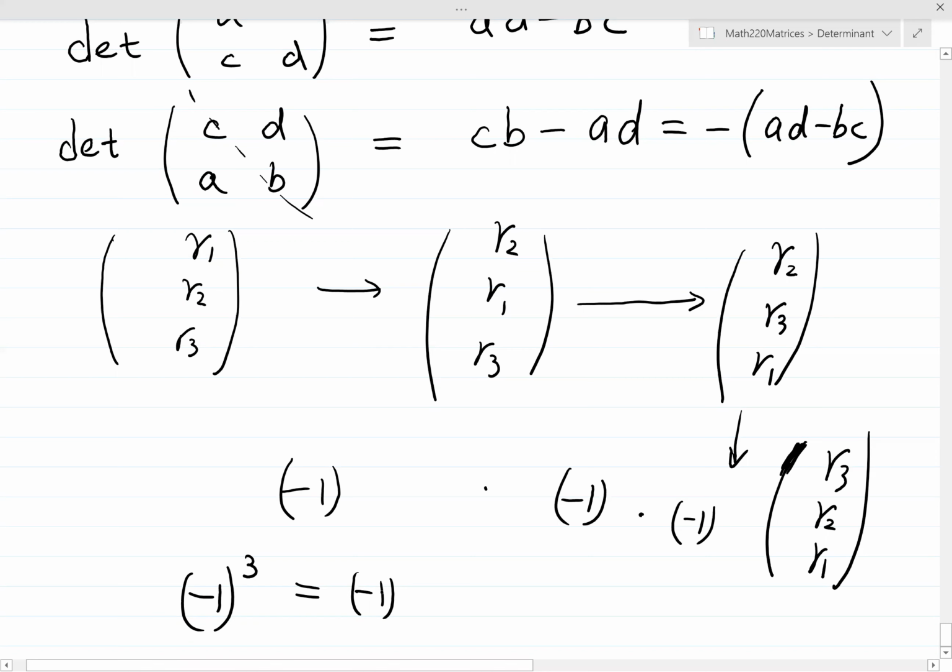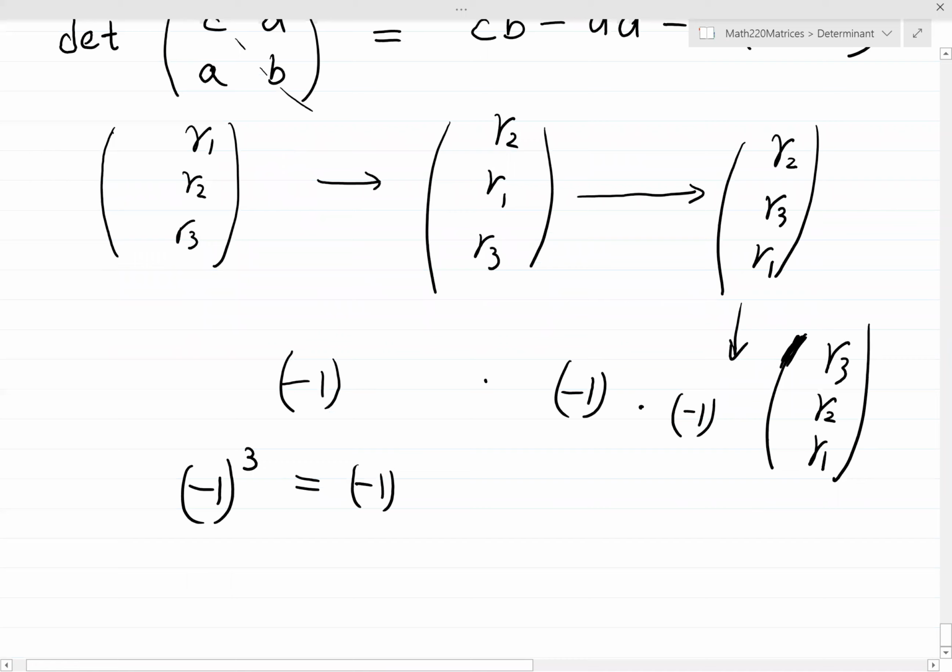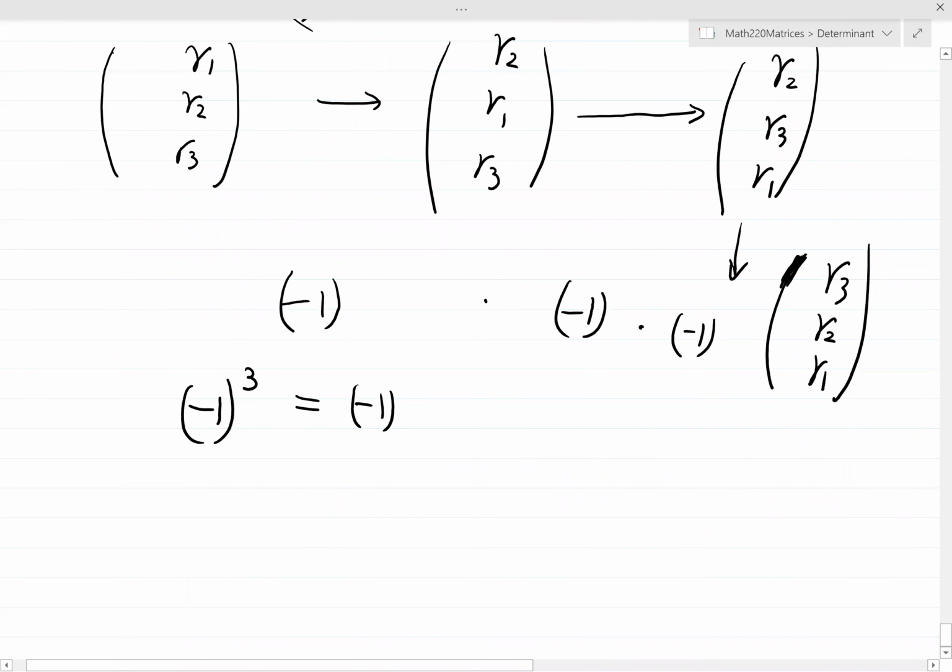If you have a 4 by 4 matrix, you exchange row 1 with row 4 using this adjacent chain, changing adjacent rows, and see how many times you need to switch adjacent rows. That number should definitely be an odd number. So we won't do that here, we'll skip that.